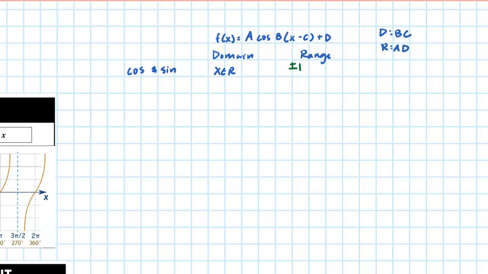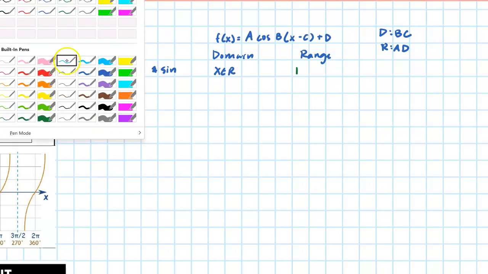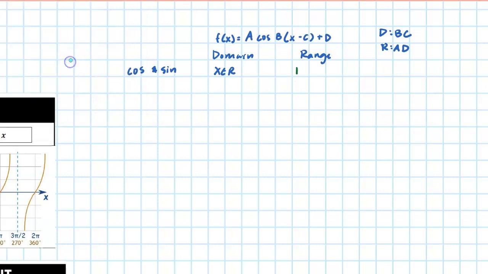So if you look at the range, it's affected by A and D in that order. So I'm going to multiply it by A and add D to it for both plus or minus 1. Let's separate that out so it's clear. So 1, I'm going to multiply it by A and then add D to it.